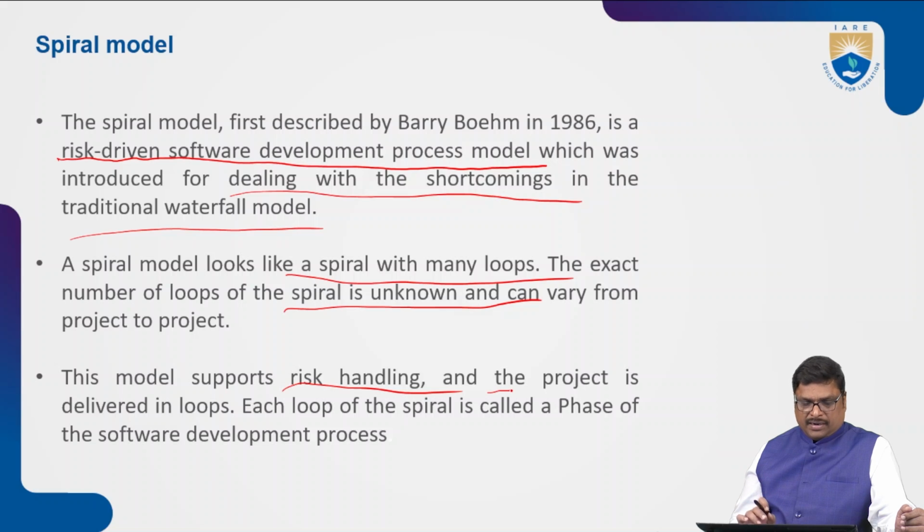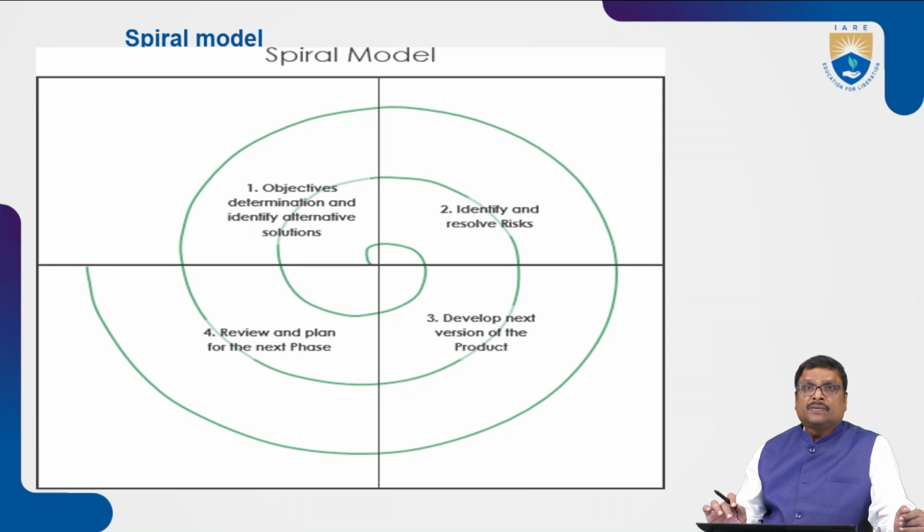Suppose in the spiral model, if we see the first step, it starts like this, right? Objectives determined, and alternative solutions identified, which happens in this quadrant.